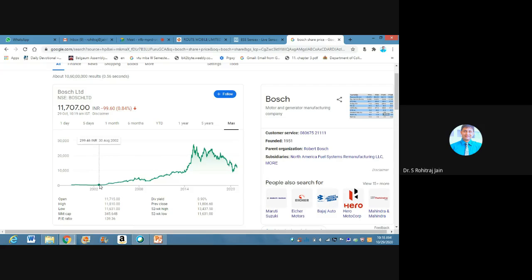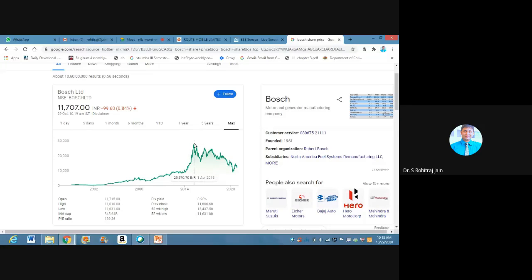So from 2002, it slowly started here, and in 2008 it came to 3,753 per share. Then in 2014, 8,973 per share, right? See, the company is fundamentally very strong. What I'm explaining to you is the strength of fundamental analysis: we can identify such hidden gems in the market.